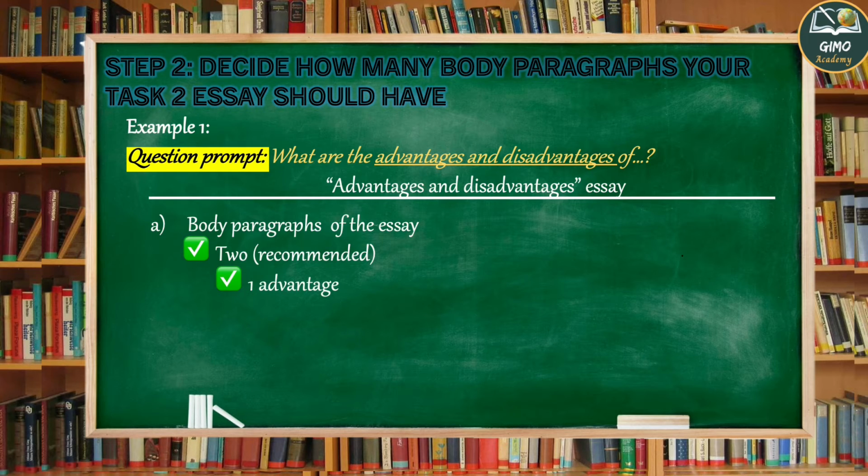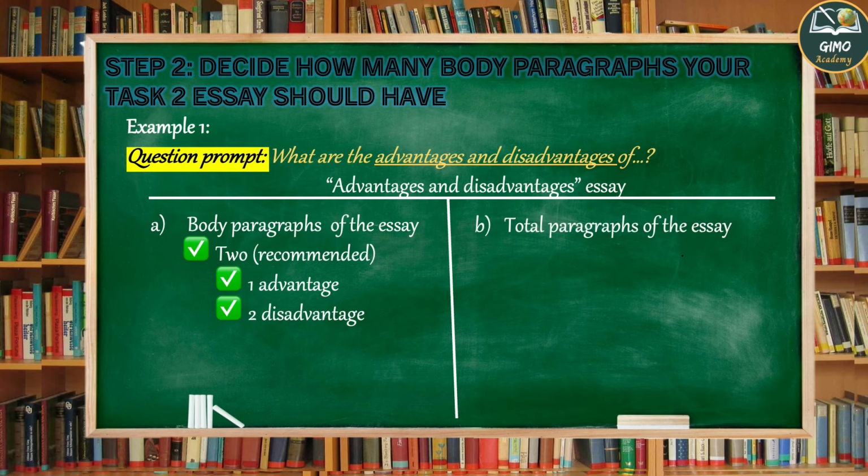One body paragraph should be for the advantage, and the second one for the disadvantage. So, we can say that in total, your essay should have 4 paragraphs, not 4 body paragraphs, but 4 paragraphs of the essay in total.